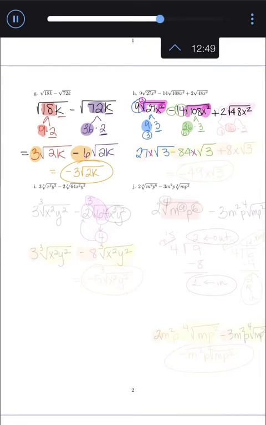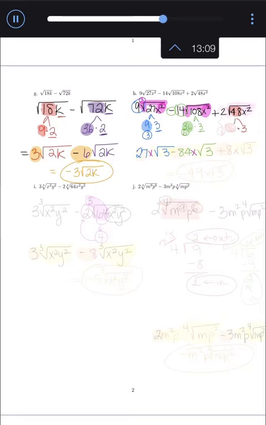Now this last piece is added. Let's see what's going on with this last piece. We have a 48. And again, the hope is that we can break that down into something that's going to have a 3 left over, so they'll be like terms again, hopefully.